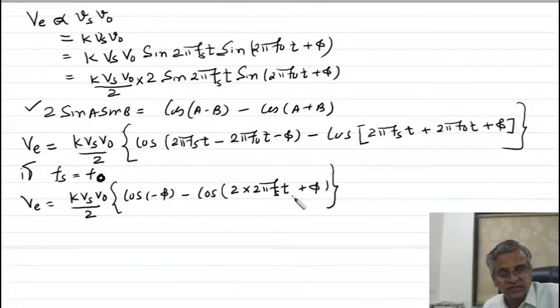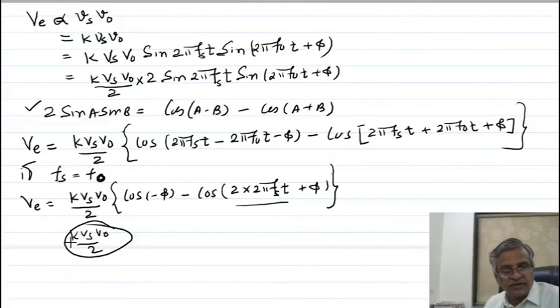So this equation shows that the output of the phase detector has two terms: one is DC having a cos phi, the second is a higher frequency term, where K is the comparator gain or attenuation constant.